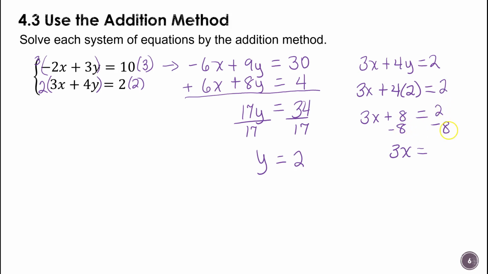So when I subtract the 8 on both sides, I end up with 3x equals negative 6. We're going to divide that by 3, and x equals negative 2. So my ordered pair this time is negative 2, 2. And that's the solution, and I'll stop this video. We'll finish this lesson on the next video.